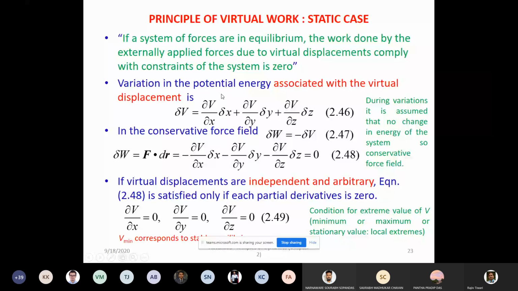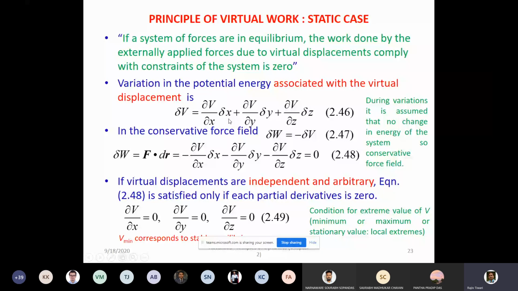Now, we know the potential energy is associated with the system. So if we are giving a virtual displacement to the system, the potential energy also will be changing. So this is the variation of the potential energy due to the virtual displacement we are giving to the system. Because this is similar to the total derivative, we can write this expression for the variation also.